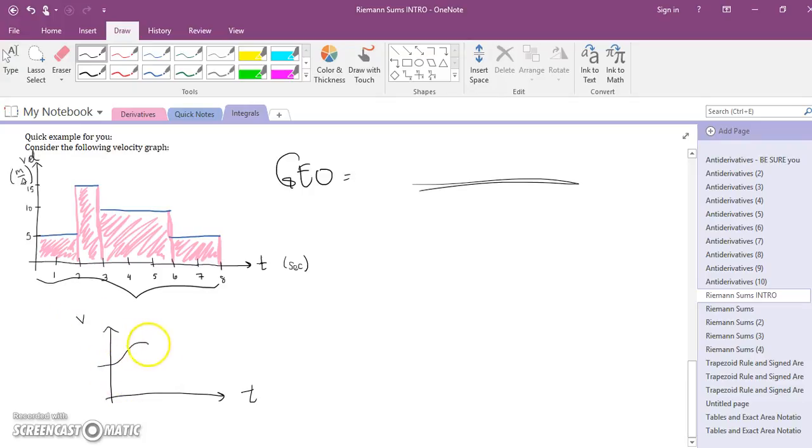What if we have a function that looks like this, and that's its velocity? How on earth are we going to find the total distance traveled, meaning find the area under the curve? Because there's no geometry formula for this area. It just doesn't exist. This is where Riemann sums come into play.